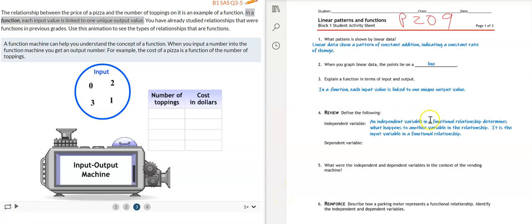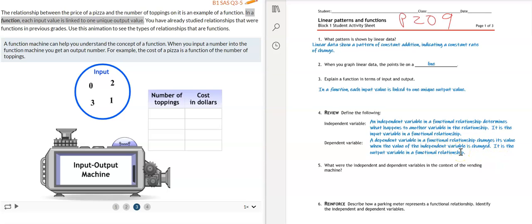An independent variable in a functional relationship determines what happens to another variable in the relationship. It is the input variable in a functional relationship. It's the value that's going in to the function. And a dependent variable in a functional relationship changes its value when the value of the independent variable is changed.